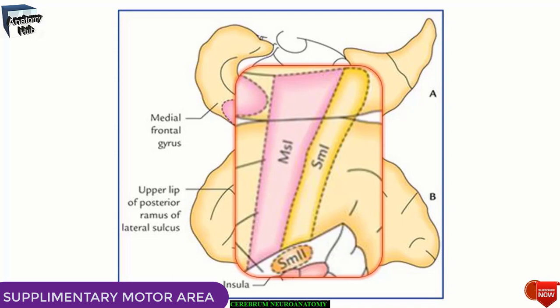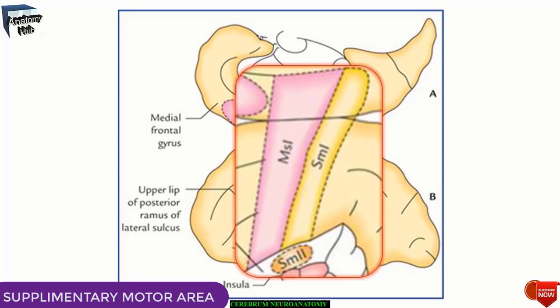Stimulation of the supplementary motor area produces complex movements, some described as assumption of posture with bilateral effects, including turning the head and assuming position of the trunk and the lower limb.